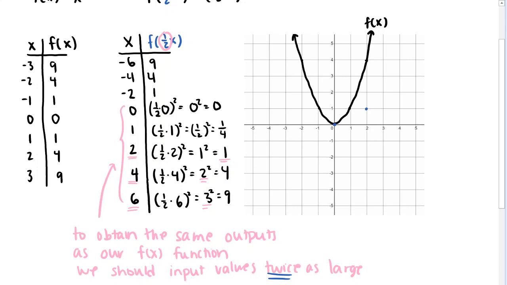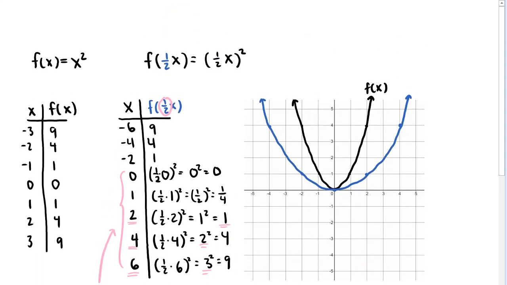I needed to plug in 4 to get 4 out. And similarly, if I plug in negative values, if I plug in -2, that amounts to squaring -1. And if I plug in -4, that amounts to squaring -2. And so really, my graph is stretched out horizontally by a factor of 2. This 1/2 told me I needed to plug in larger inputs. I needed to look further along my x-axis, away from the origin, to obtain the same values as my original function. This f of 1/2 x really stretched my function horizontally by a factor of 2.